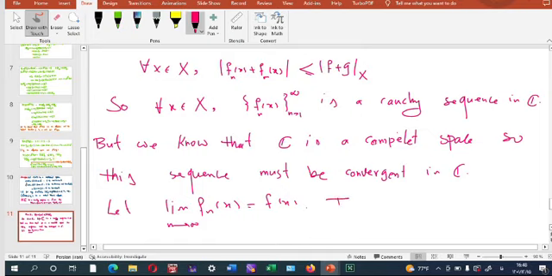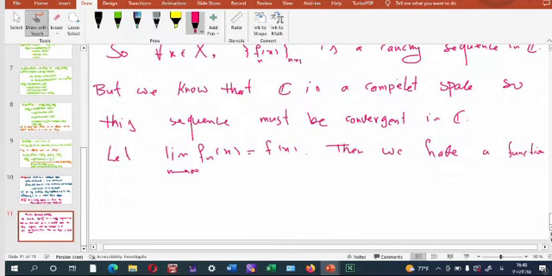Then we have a function f from X to C such that f is continuous.